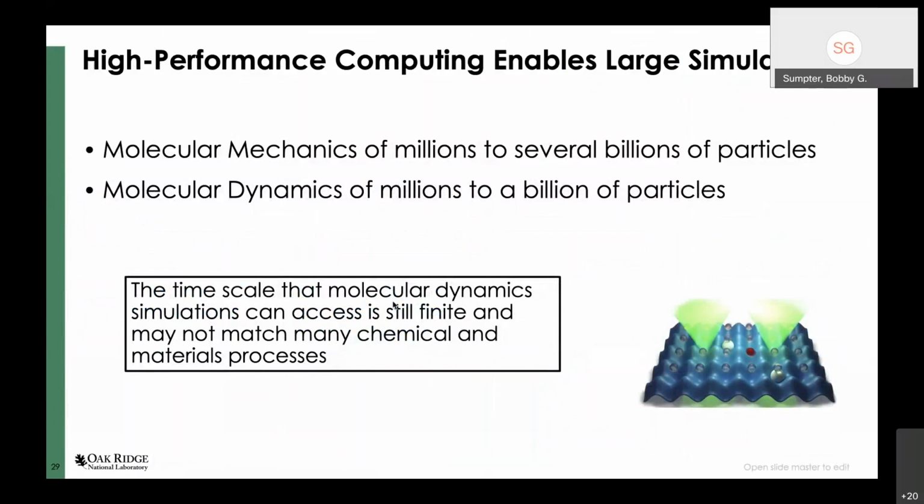So sometimes if you're looking at aging processes, material that ages over years, you have to do other things to model that. Or if you're trying to understand some quantum effects, you have issues in convergence. And even the biggest digital computer today can't converge some of these things or treat the right time scale. So the time scale is still a problem, even with these big systems.